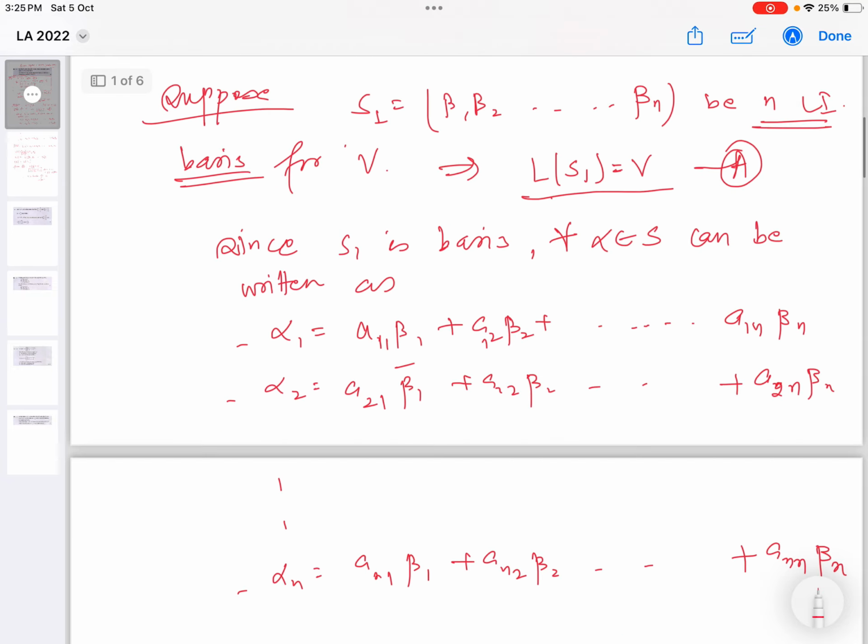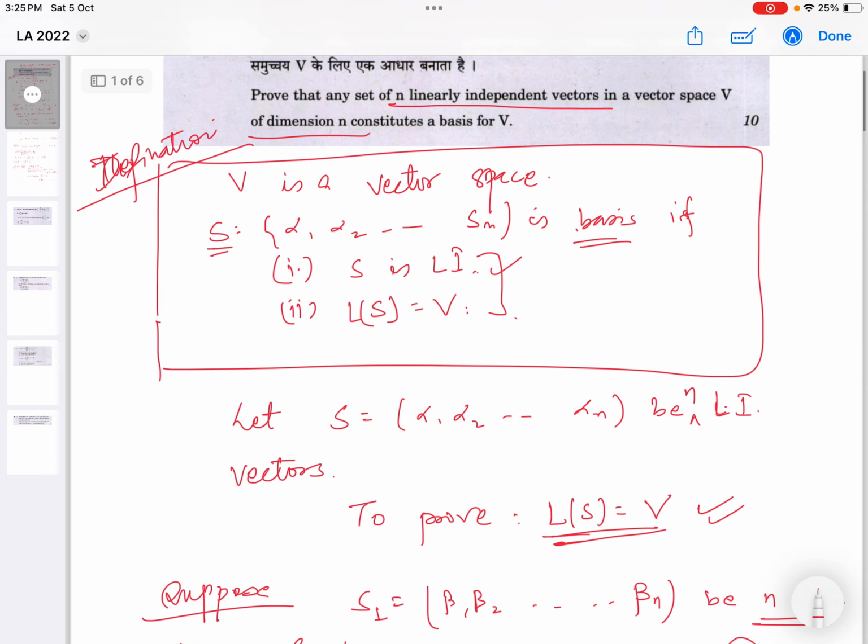So the thing was that we should know the definition, like what a basis is.